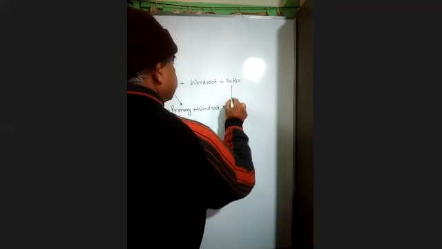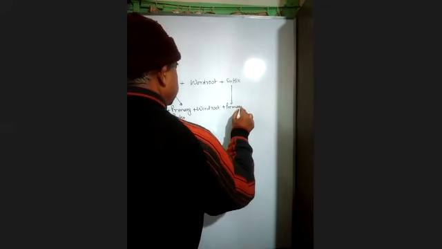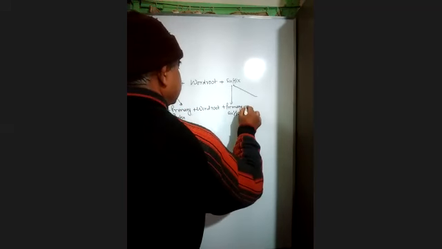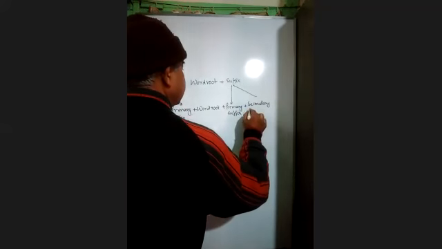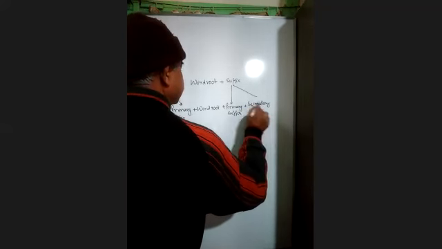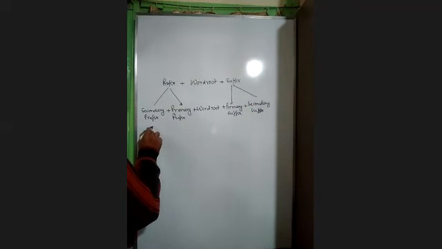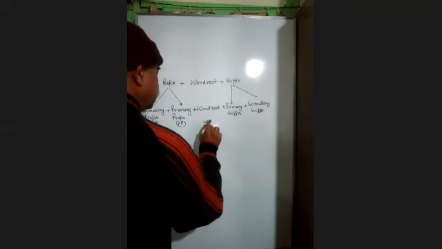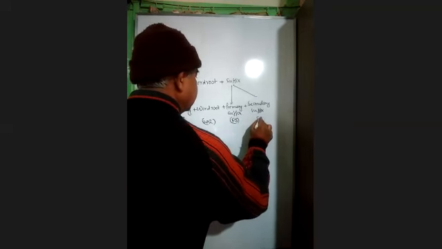Similarly, suffix is also being made into 2 parts. Primary suffix, and we put here secondary suffix. I can write in abbreviated form: SP, PP, WR, PS, and SS.